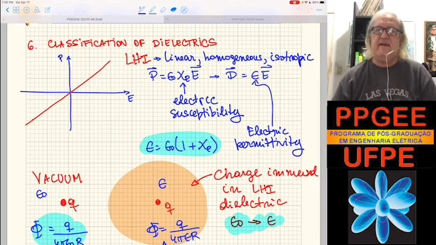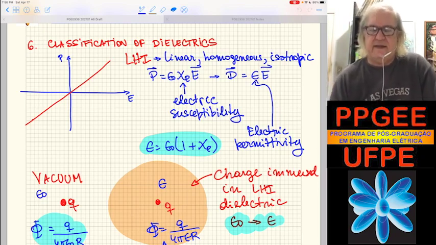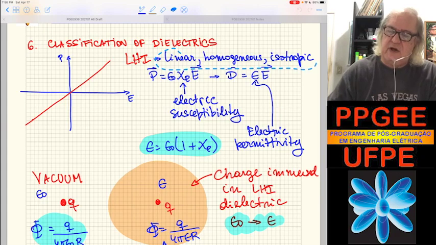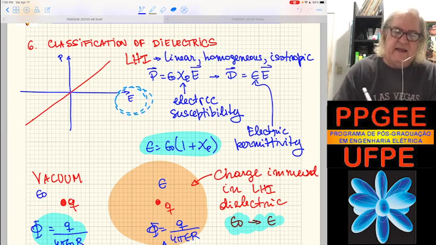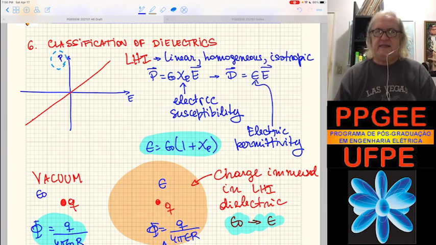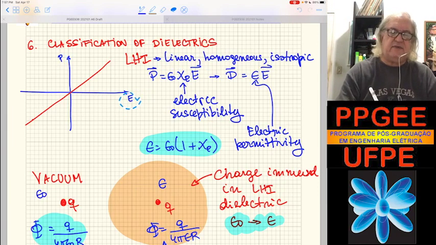Certain materials allow us to simplify things. Those are the linear, homogeneous, and isotropic media, in which when you apply a field, we have a linear polarization. If you reduce the field to 0, the polarization goes to 0.